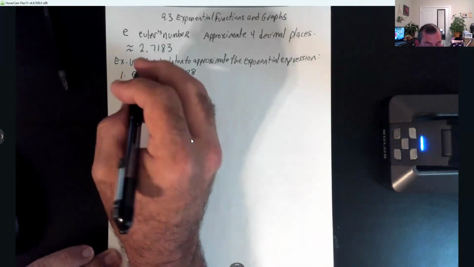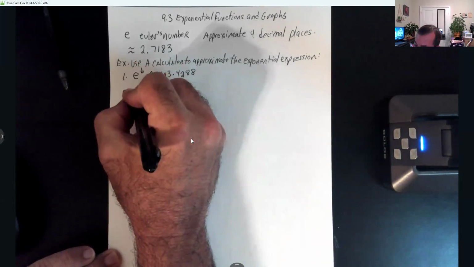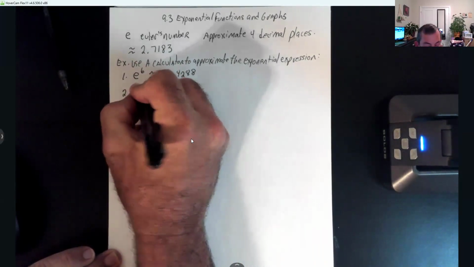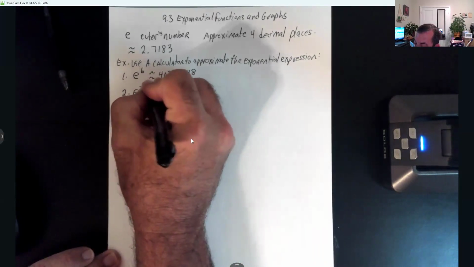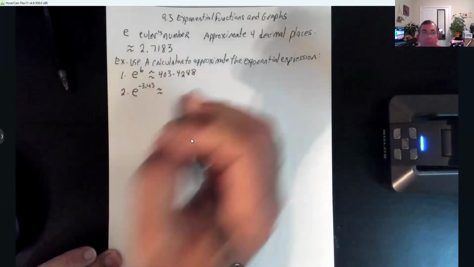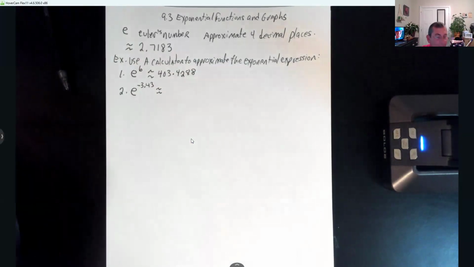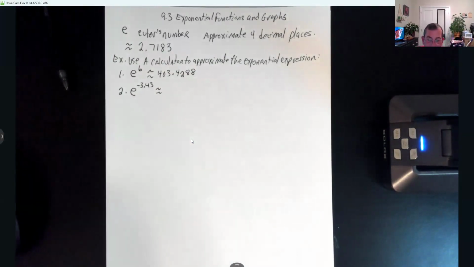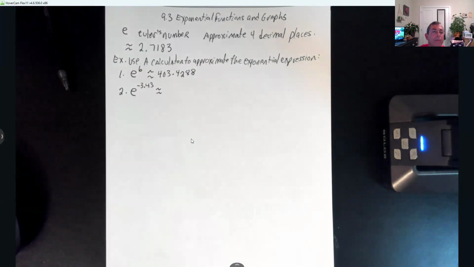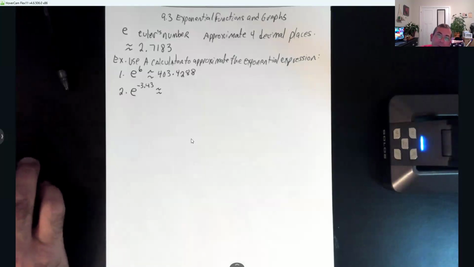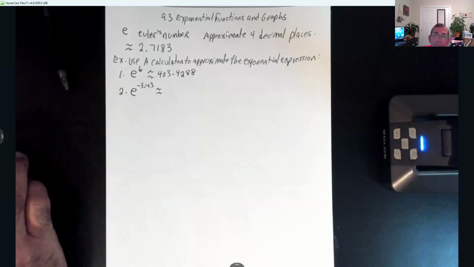Now this one they're doing with a negative exponent. How about e to the negative 3.43? Punch that one in and we'll see what you get.